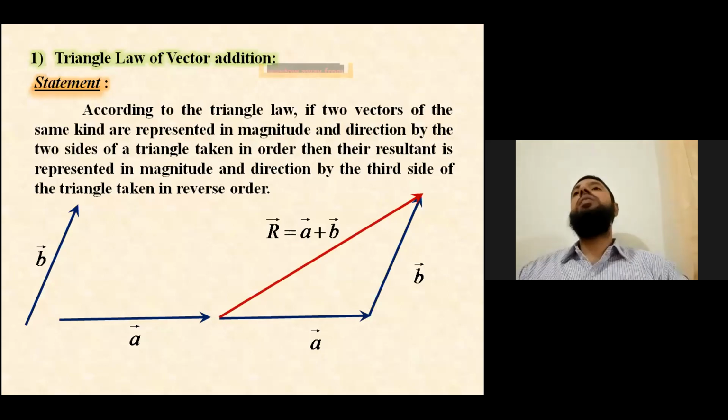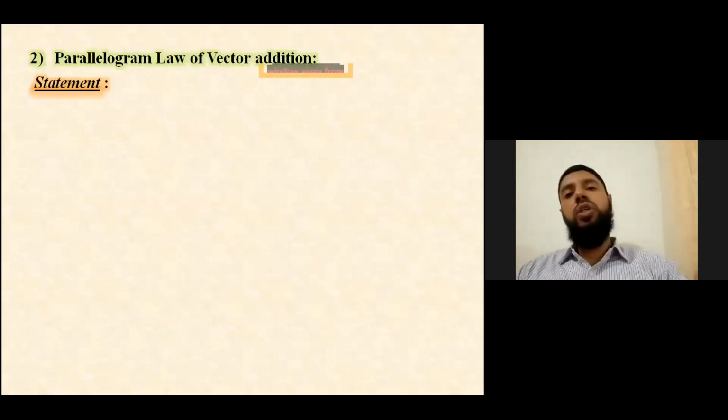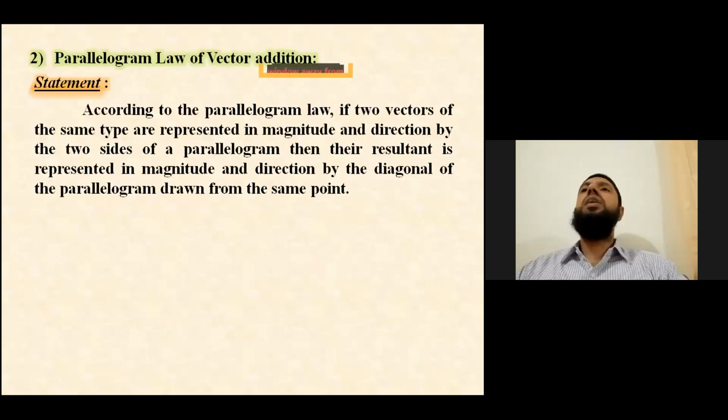What is the law of parallelogram? If I'm having two vectors of the same type represented in magnitude and direction by the two sides of a parallelogram, then the resultant is represented in magnitude and direction by the diagonal of the parallelogram drawn from the same point.